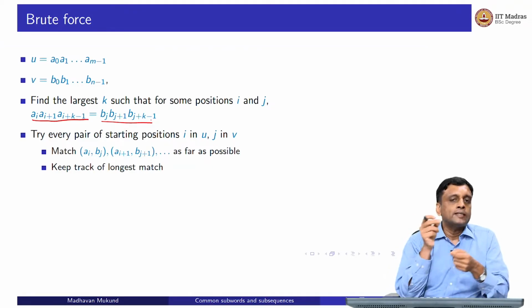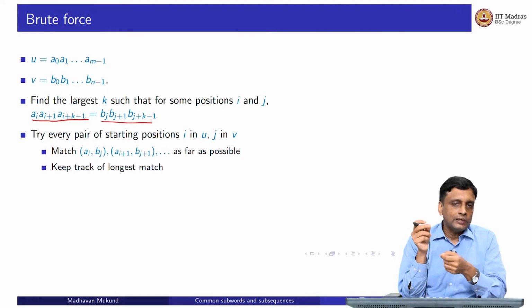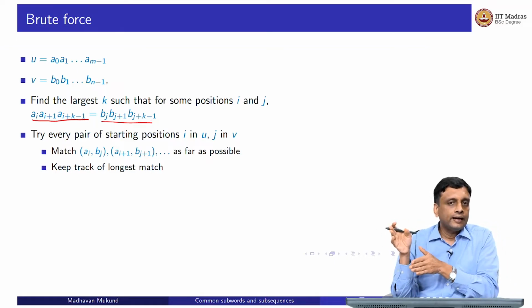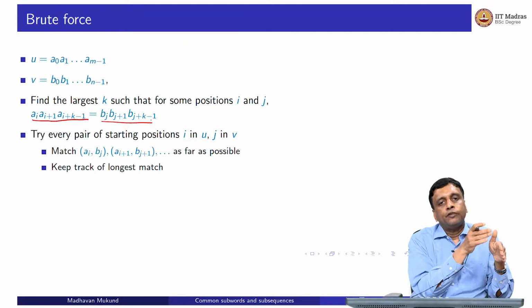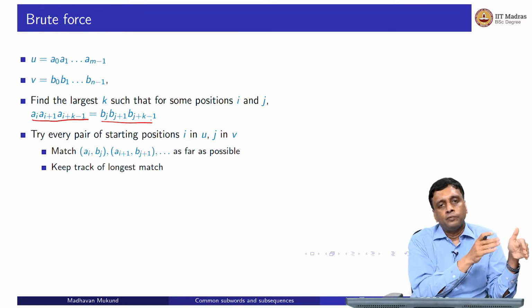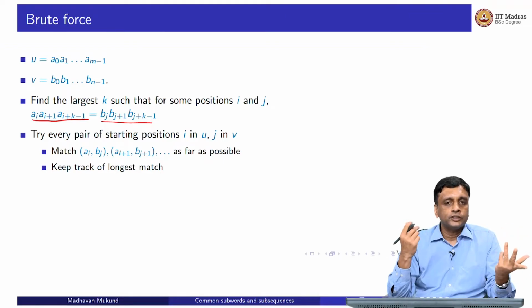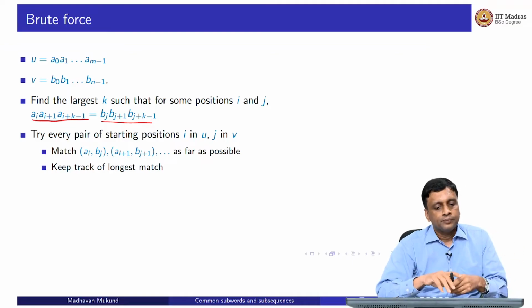I keep going so long as they are the same. And once I find that there is a mismatch, I stop. So from every i, j, I can do a scan and try to find out how far I can go before I hit a mismatch, and then I can record that as the longest common subword starting at those two positions. I do it for every position, and therefore I am going to find the maximum.